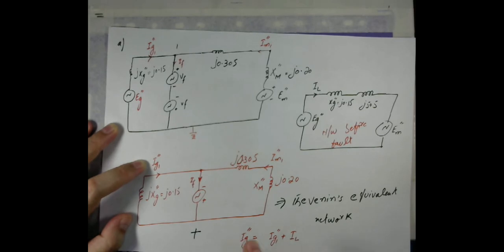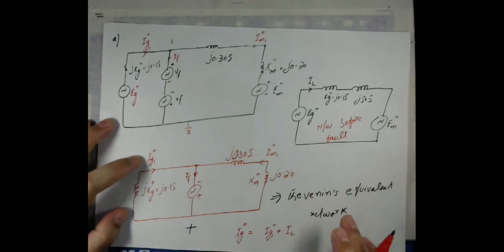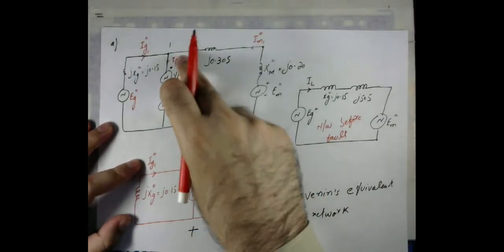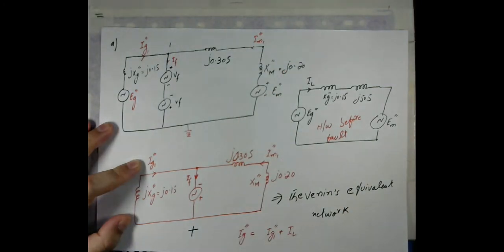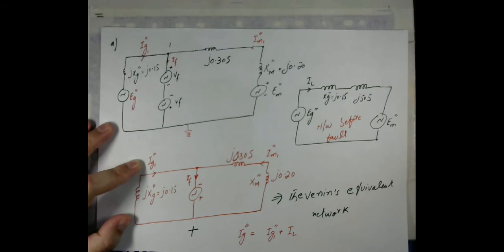And the current that is flowing toward this point from the motor side, let me represent it with IM double prime.